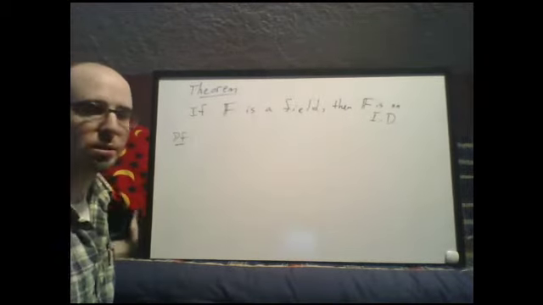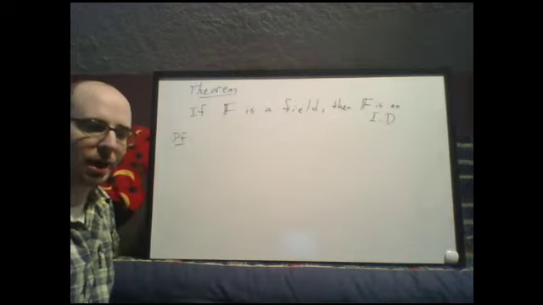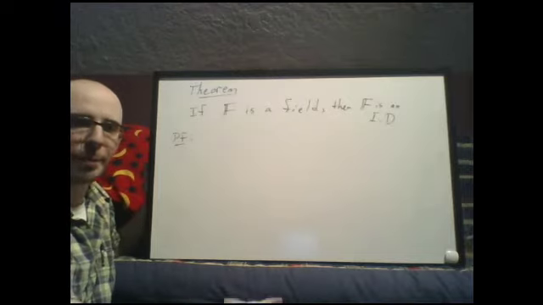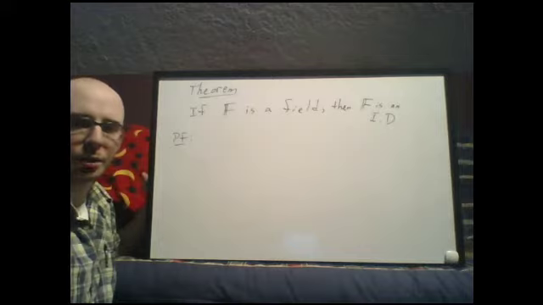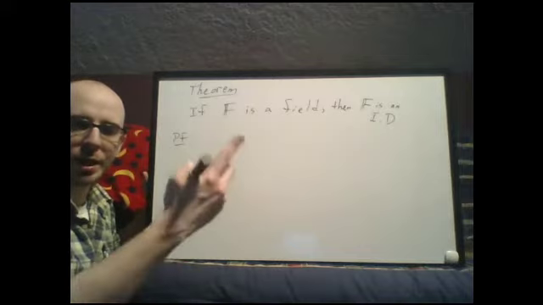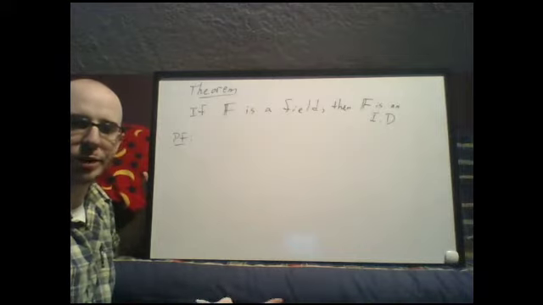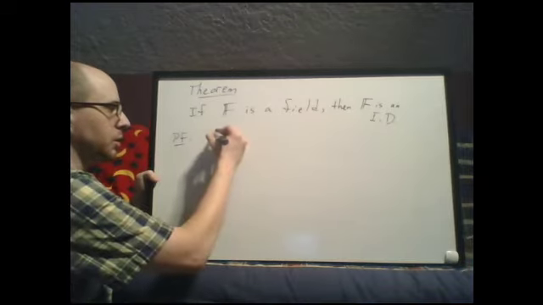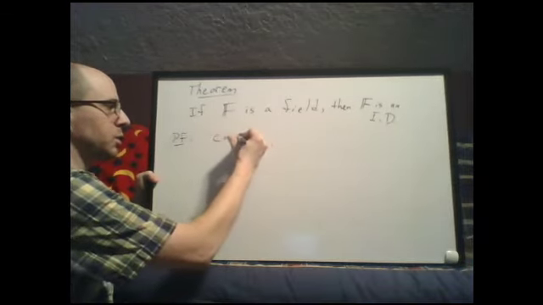Okay, so to prove something's an integral domain, if we already know it's a ring, I'm not going to prove that it's a ring, we need to check three things. It's commutative, it has a unity, and it has no zero divisors. Okay, so the first two in this situation are immediate.